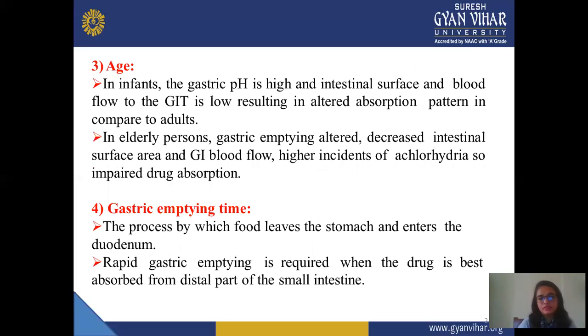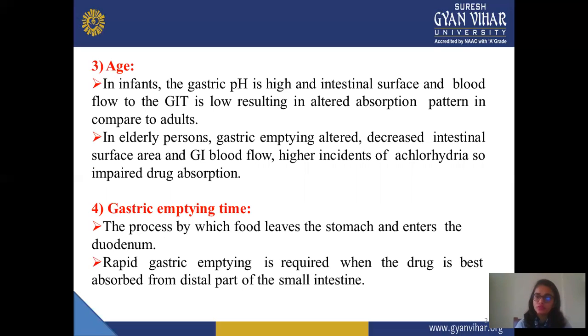Next, we start patient-related factors. In patient-related factors, first is age. In infants, the gastric pH is high, and the intestinal surface area and blood flow to the GI tract are different, affecting absorption patterns compared to adults. In elderly persons, gastric emptying is slower, with decreased intestinal surface area and GI blood flow, impairing drug absorption.